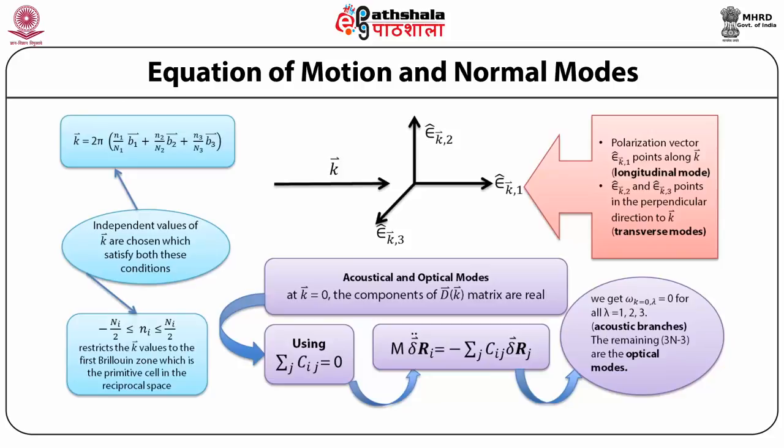So you see, this is a very unique property of the acoustical modes, that at k equal to 0 the frequency is always 0, and hence this implies that these three are the acoustical branches, since the frequencies vanish in the long wavelength limit. Long wavelength basically means k equal to 0, and the remaining 3n minus 3 modes are the optical modes. So 3 acoustical modes and 3n minus 3 optical modes. Once you find the acoustical modes, the remaining ones are the optical modes.